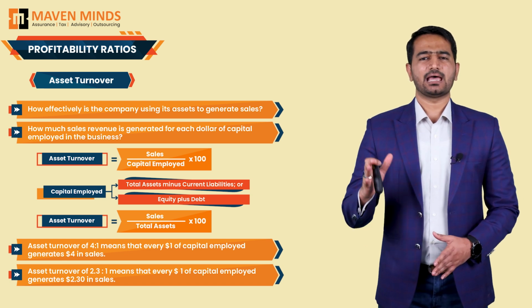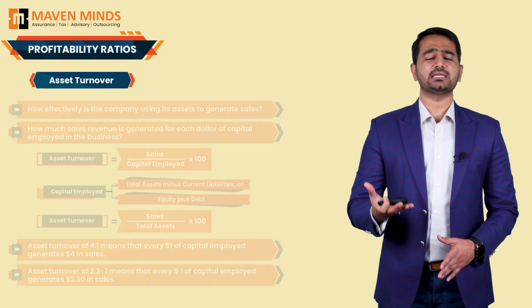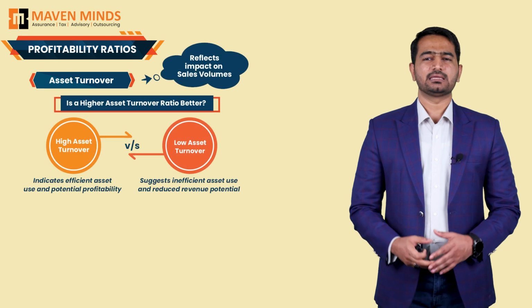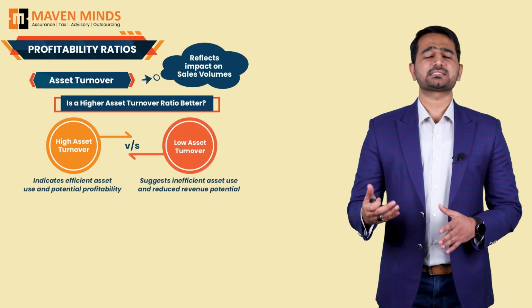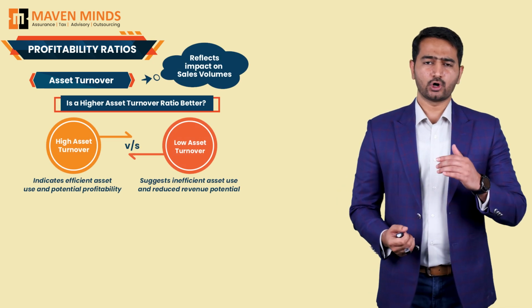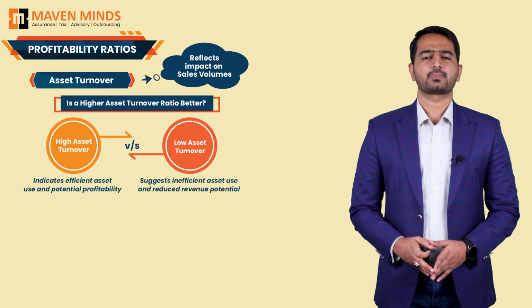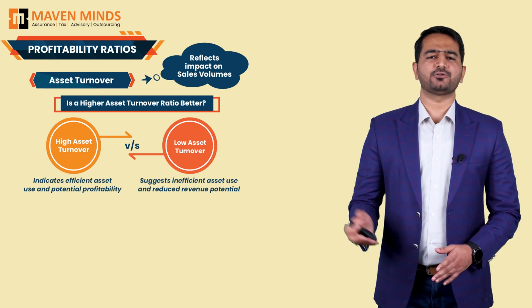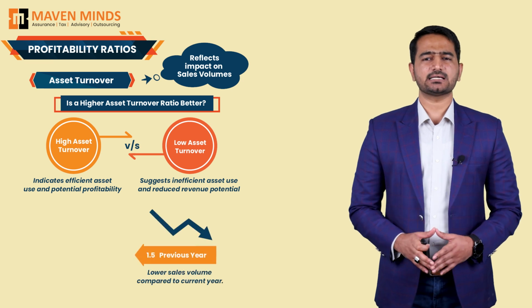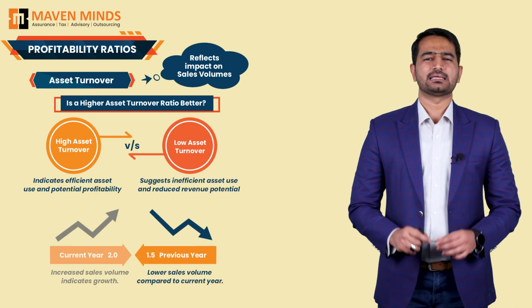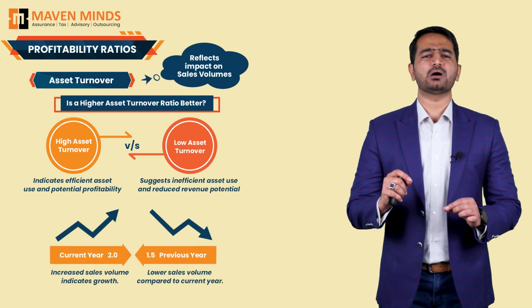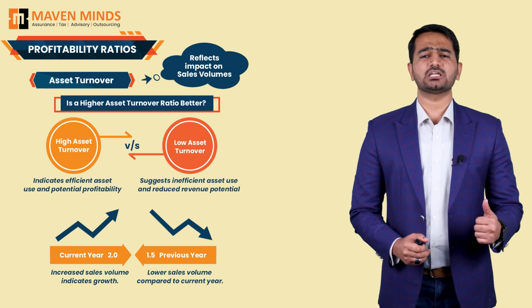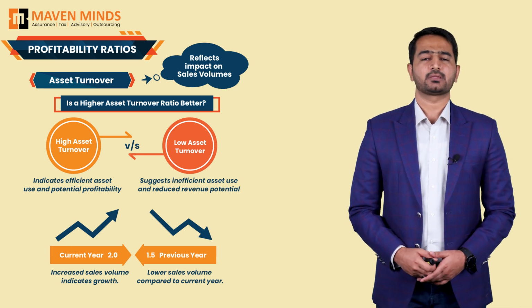My friends, asset turnover basically reflects the impact of volumes. It tells us whether sales volume has increased or decreased over time. For example, last year asset turnover is 1.5 and this year asset turnover is 2. This means that sales volume has increased, which is a positive indicator of business growth.